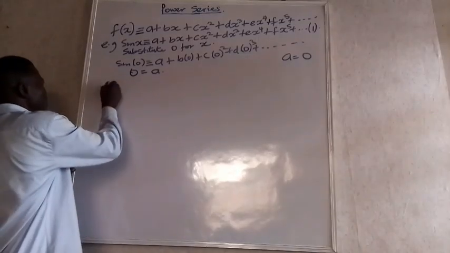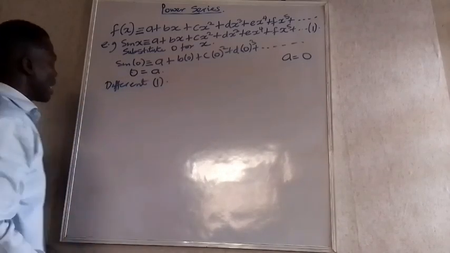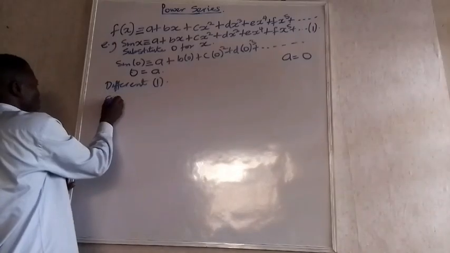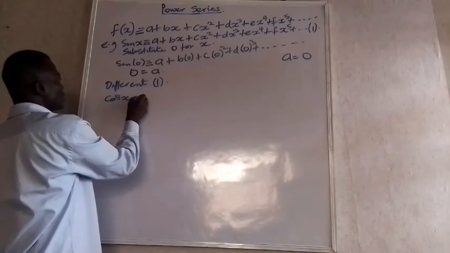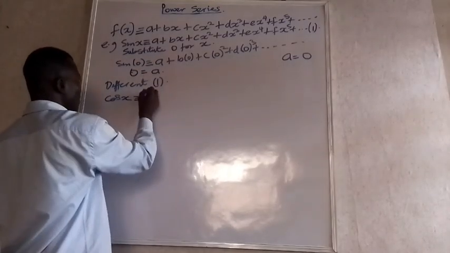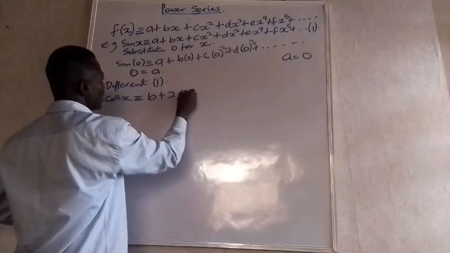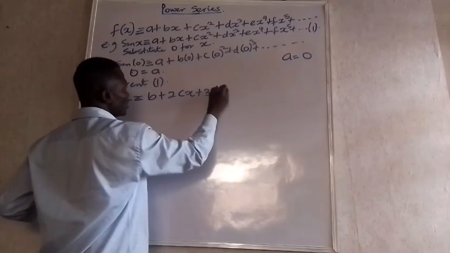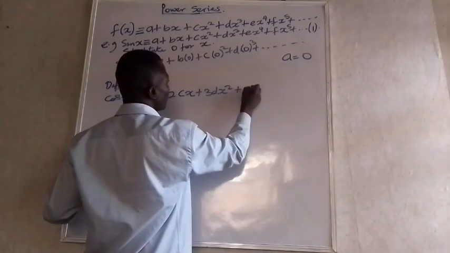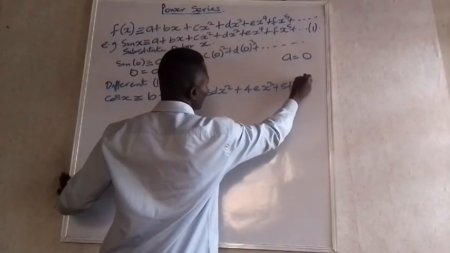Let's differentiate 1. We have cos x is equal to, a disappears, b plus 2cx plus 3dx squared plus 4ex cubed plus 5fx raised to the power 4.